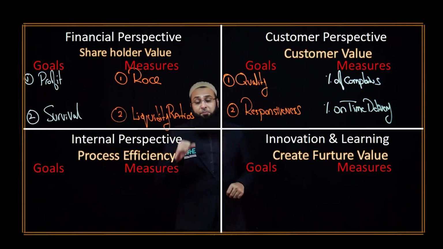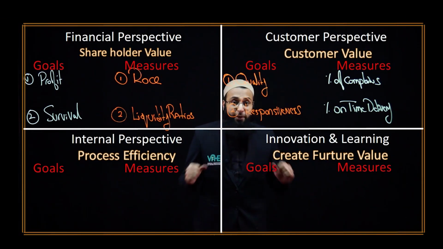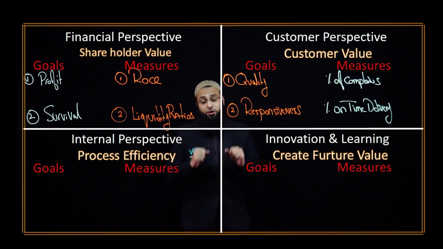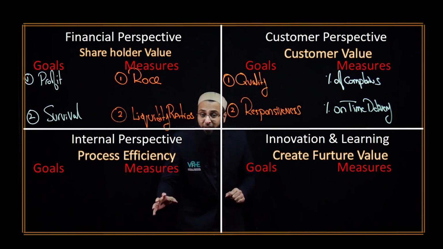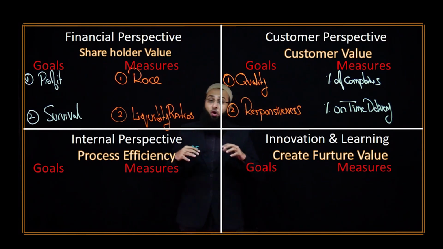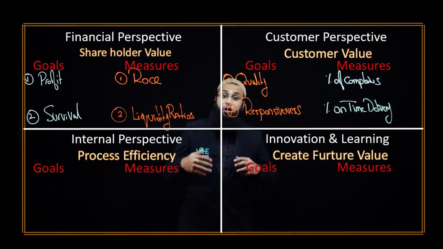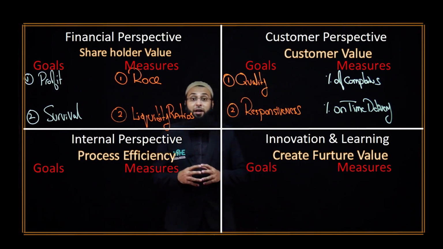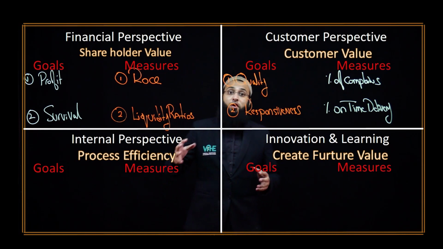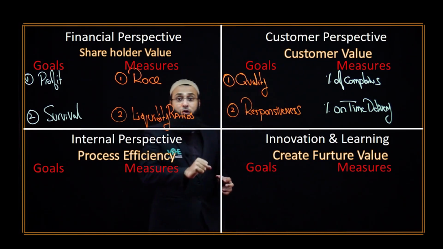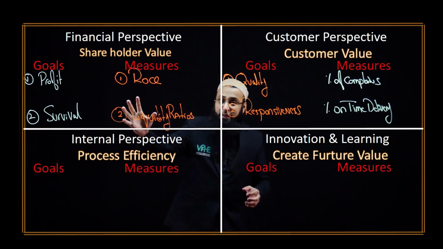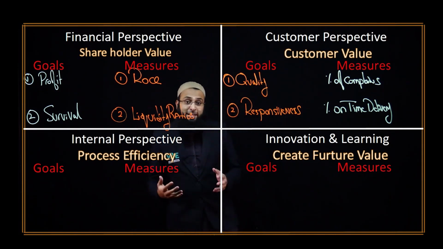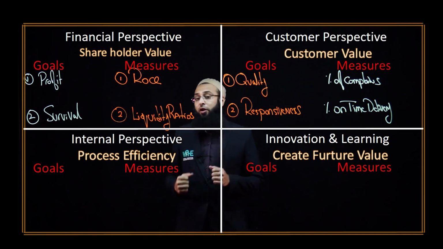Now comes the third perspective, that is internal perspective. This is extremely important for any organization. This perspective ensures that the organization is having efficient processes in order to achieve their customer perspective goals and financial perspective indirectly. So process efficiency is extremely important for an organization.